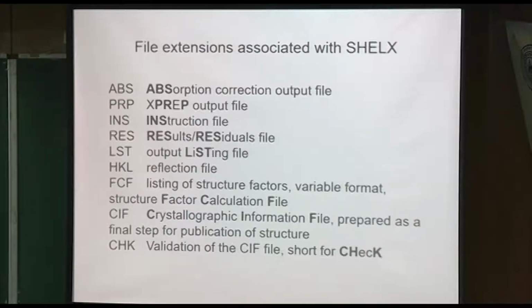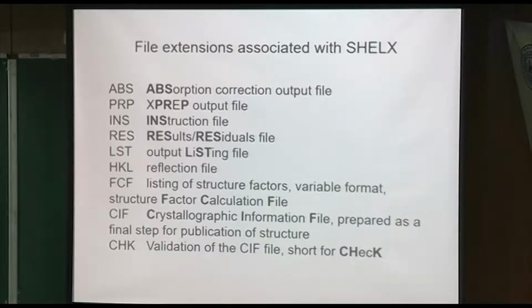The file extension ABS is the listing file from running the absorption correction program, usually SADABS. So that's a listing file, an output file. They all have some kind of mnemonic that makes sense. PRP is the output file from running XPrep, so you want to go back and look at what you did in XPrep. It's a listing file, so it's really quite useful.